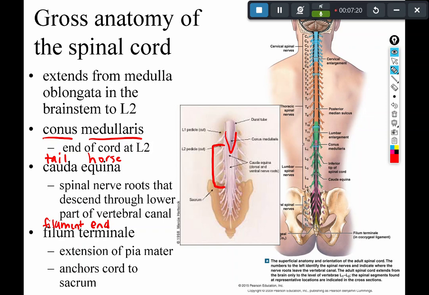Interestingly, the filum terminale associates with the coccygeal ligament, which is a connective tissue structure associated with the coccyx.